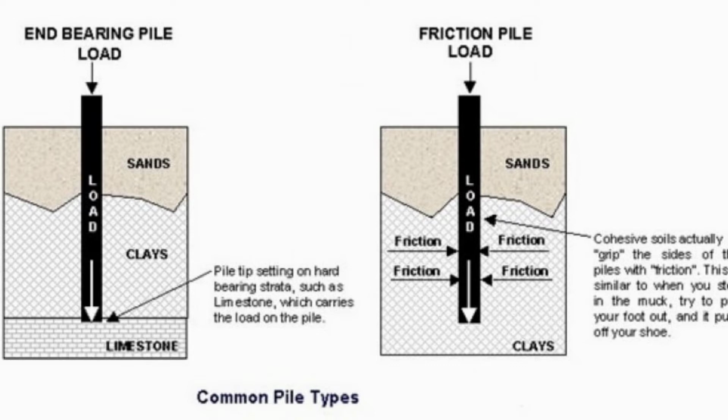As a result, the pile acts as a column and safely transfers the load to the strong layer. The total capacity of an end bearing pile can be calculated by multiplying the area of the tip of the pile and the bearing capacity of that particular depth of soil on which the pile rests.